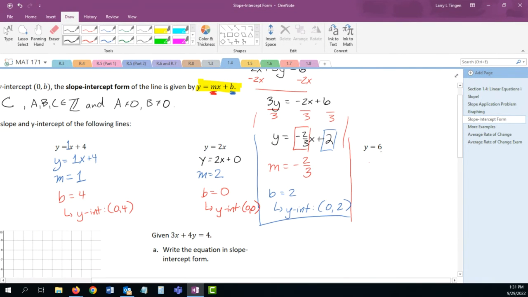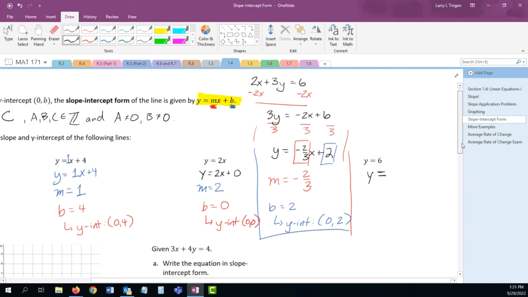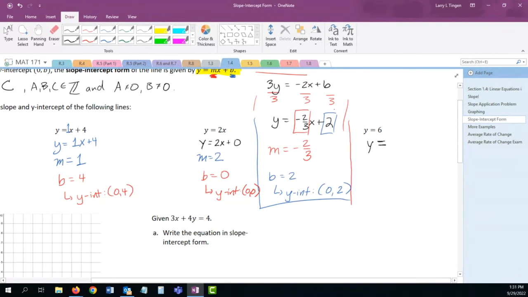I have the constant term, my b, but I don't have the x in here. So I know this is a horizontal or vertical line. Which one is it? When I have y by itself with no x, is that horizontal or vertical? It turns out it's horizontal. And why is it horizontal? Because it has a slope of 0. 0x plus 6. Yeah, horizontal, exactly.